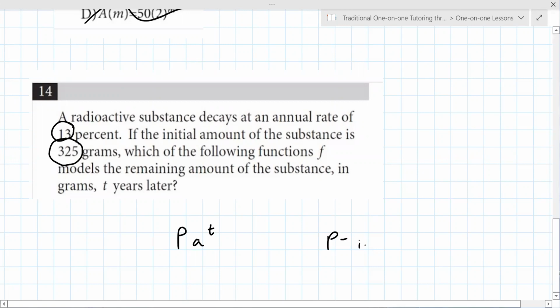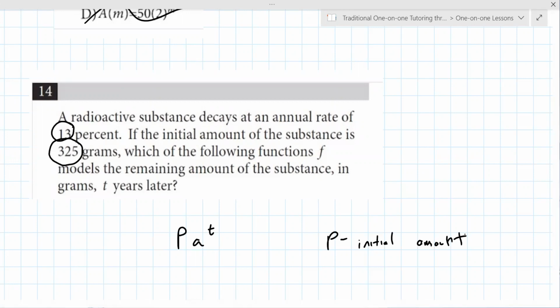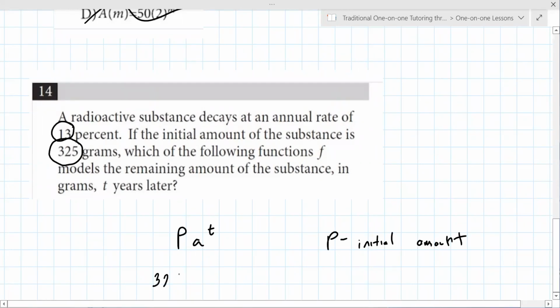P is the initial amount. Are we given the initial amount? Yes, read the second sentence and tell me what the initial amount is. 325 grams. Okay, so that means our equation is 325 A to the power of T.